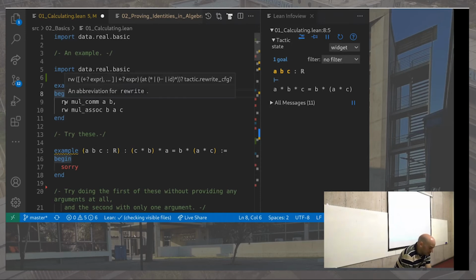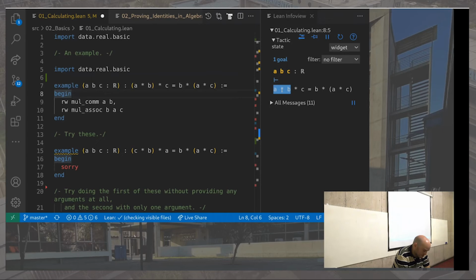Now there is this keyword rw that is an abbreviation for rewrite. What rewrite does is just rewrite the theorem in the goal. So mul_comm A B says that A times B is equal to B times A. If we rewrite this assumption in the goal, you see that in the goal we have A times B. So after this line, this A times B should become B times A. And this is what happens.